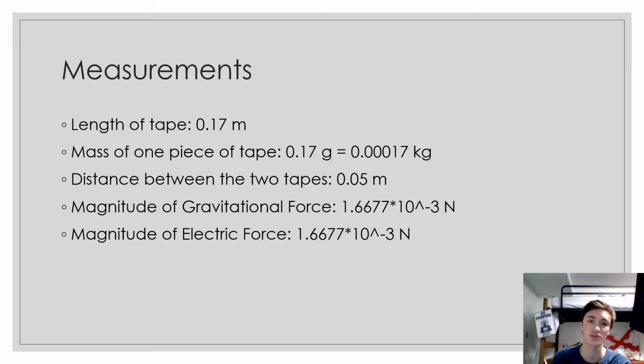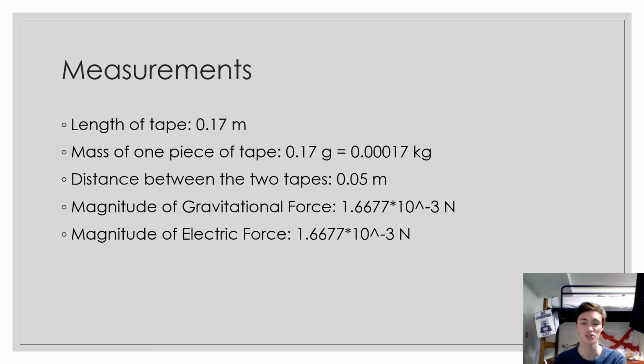So the key measurements made in the lab were the length of the tape, which was 0.17 meters, the mass of a single piece of tape, which was determined using the length of the tape and the density, and that came out to be 0.0000017 kilograms.